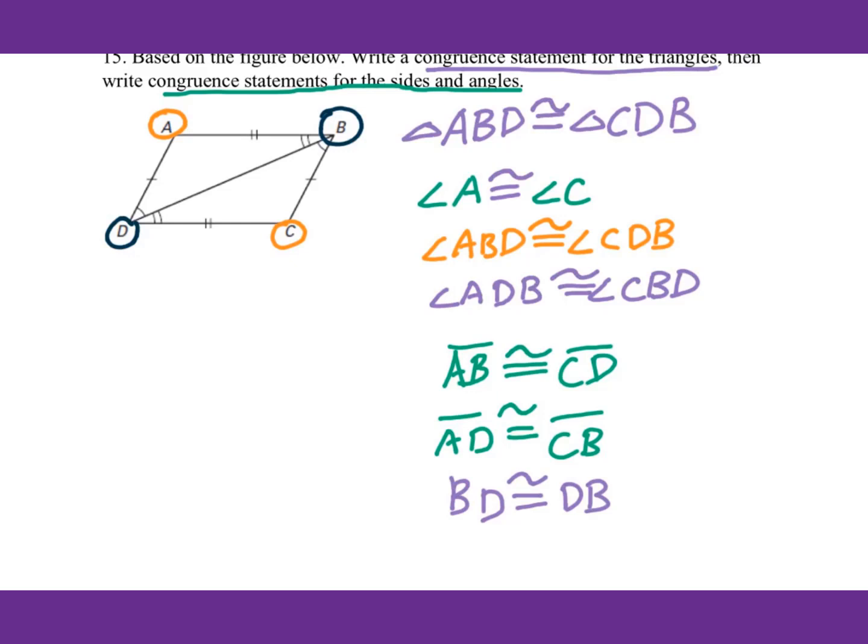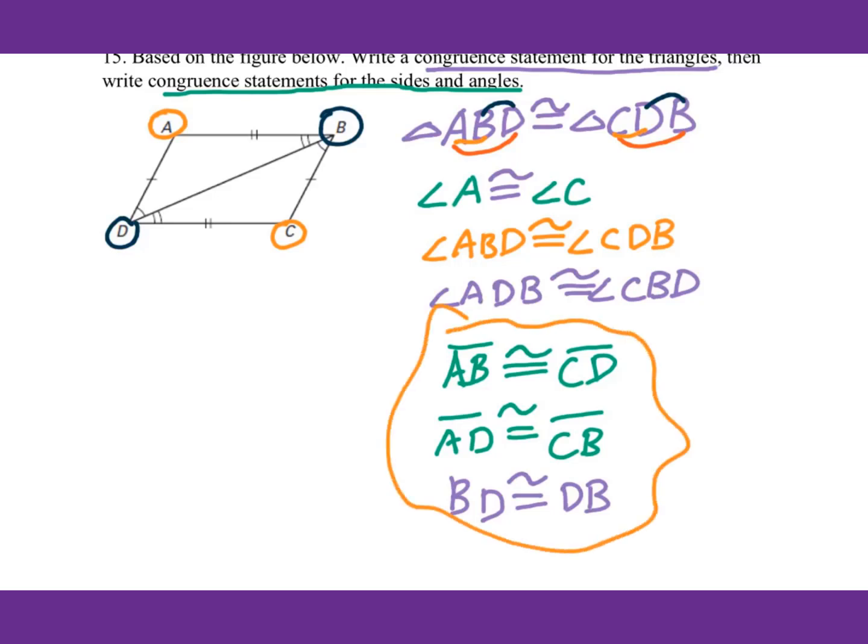Basically, using this order, you see AD, CB, BD, DB, and AB, CD. That's how I write down the congruent sides.